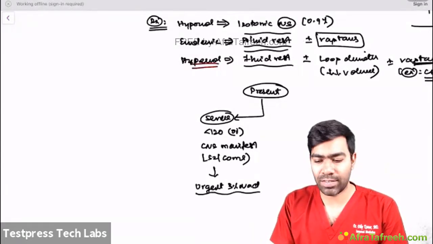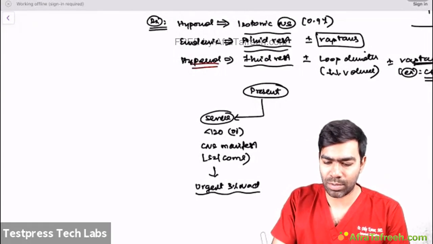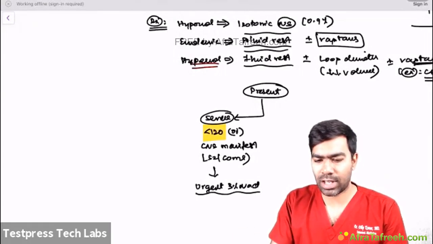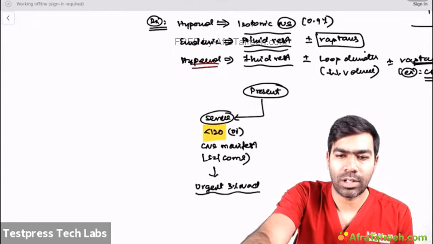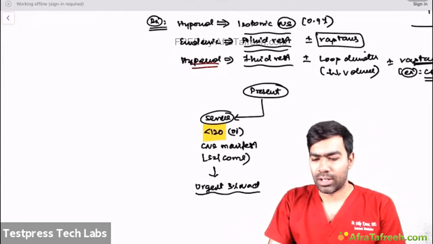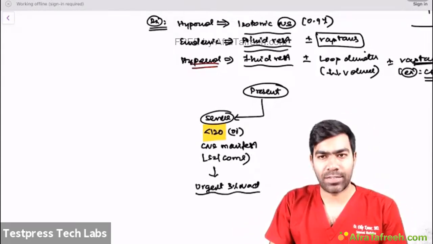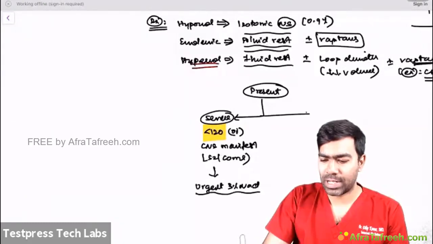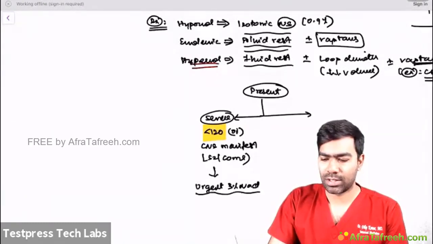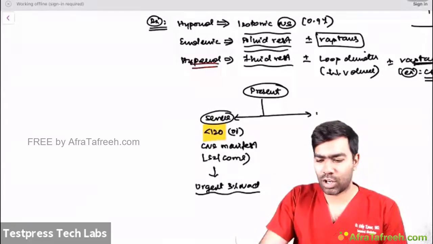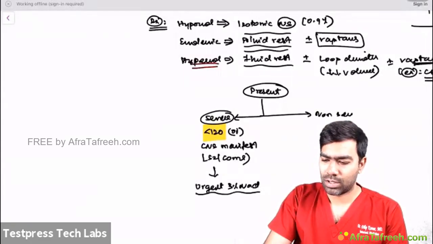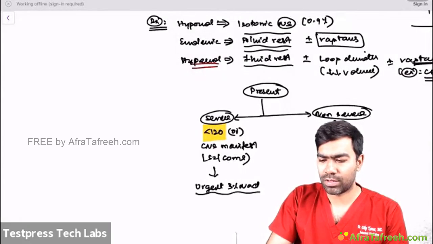If the patient is having severe manifestations, especially if the serum sodium is less than 120, or the patient is having CNS manifestations like seizures or coma. If the patient is having non-severe manifestations, like only mild to moderate, then usually your routine management is more than enough.